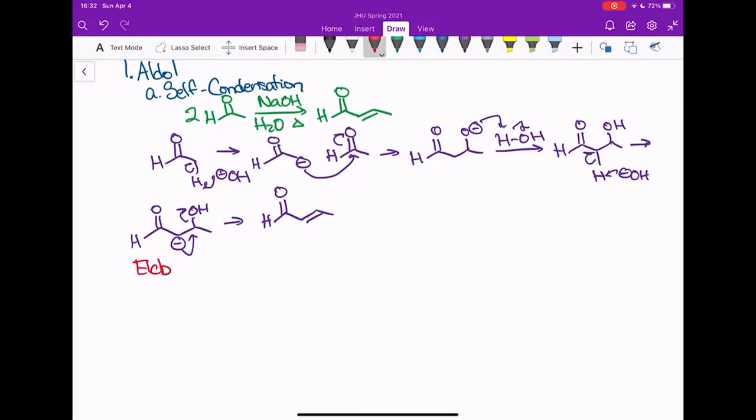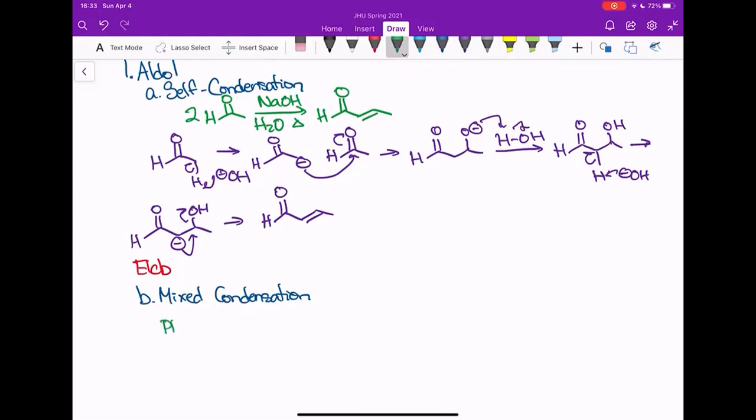On the other side, if we wanted to do a mixed condensation, this one will occur if we have 2 different starting materials that we're trying to combine together.